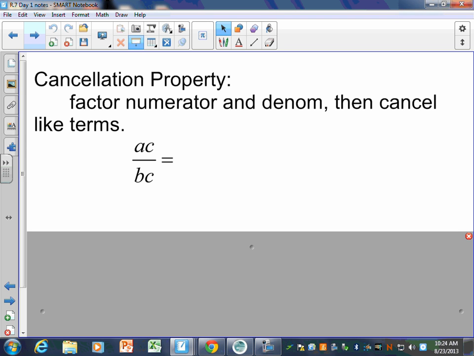The big thing you want to remember about the cancellation property is that you can really only break things up when they're multiplied. If I have A times C divided by B times C, that's multiplication. If they both have a common factor of C, then I can cancel those out, and that's the same as saying A over B.